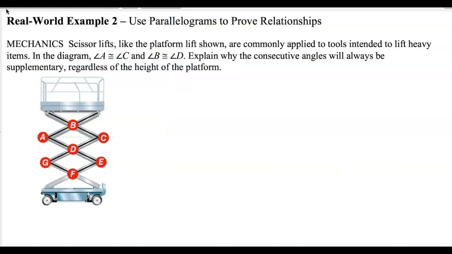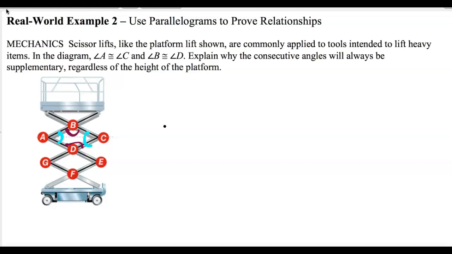Mechanics, scissor lifts, like the platform lift, are commonly applied to tools intended to lift heavy items. In the diagram, we have that angle C and angle A are congruent. We also have that angle B and angle D are congruent. So we want to explain why consecutive angles will always be supplementary regardless of the height.